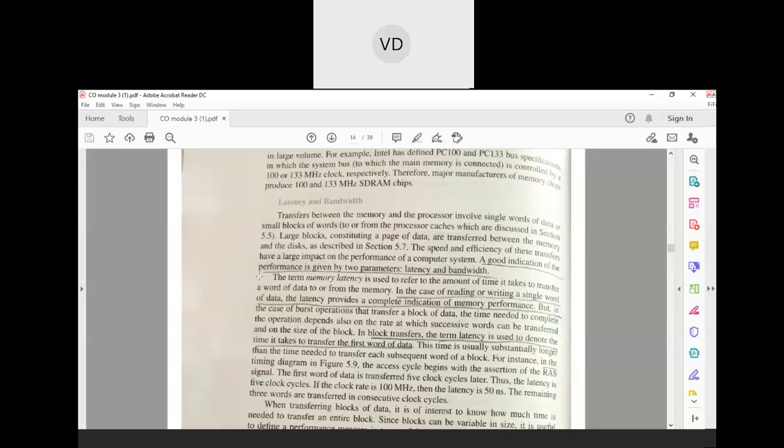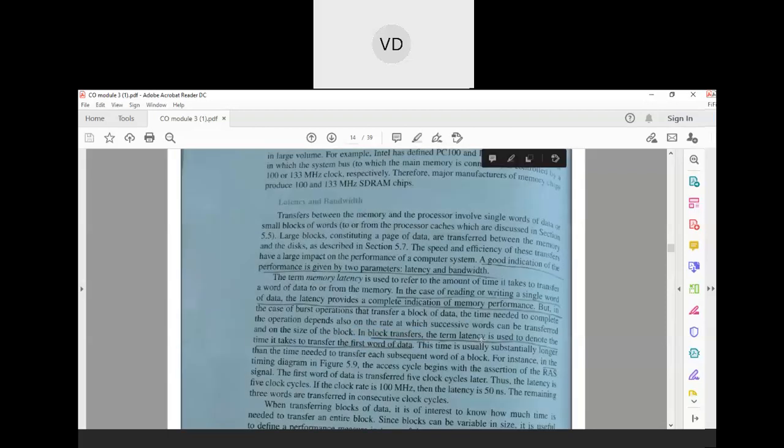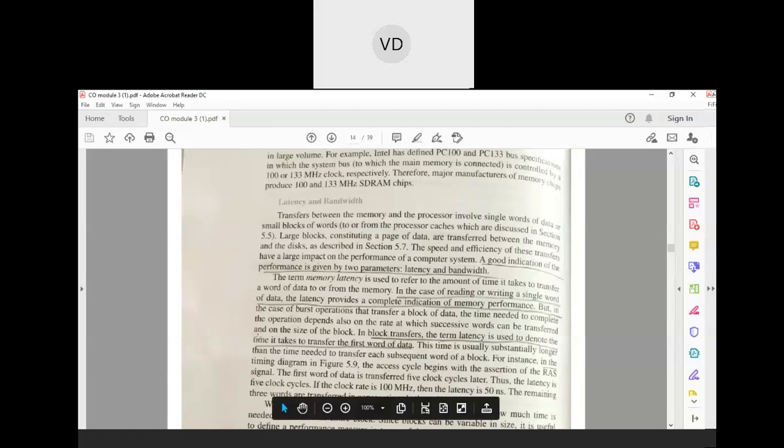When you are transferring a single word, the memory latency is the time taken to transfer the one word of data. Then when you are doing the block transfer, the latency denotes the time it takes to transfer the first word of data.